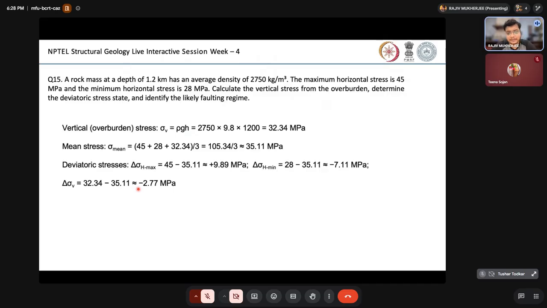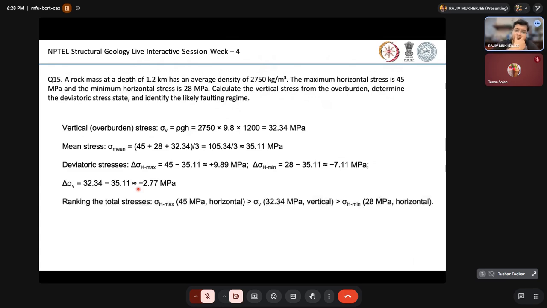So the maximum deviatoric stress coming from the side horizontally is positive, but the other two directions are negative, right? So ranking the total stress, obviously sigma 1 will be 45, sigma 2 will be the vertical stress, and sigma 3 will be the minimum horizontal stress, right?